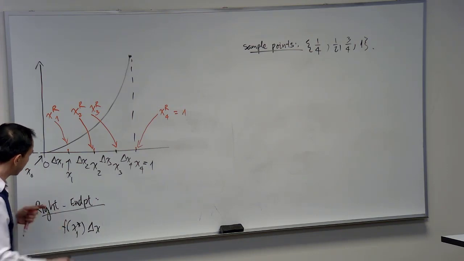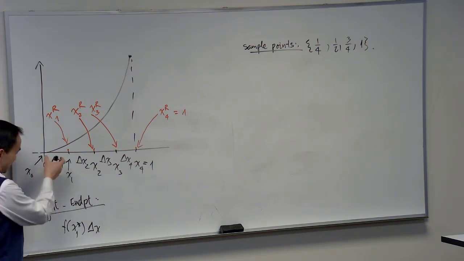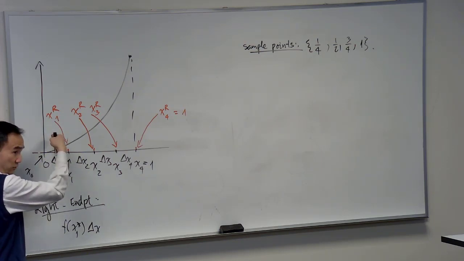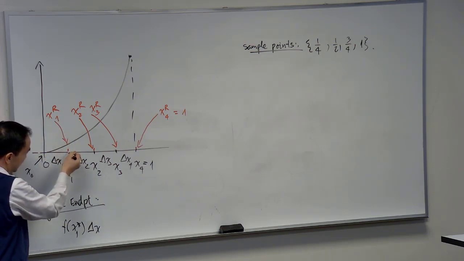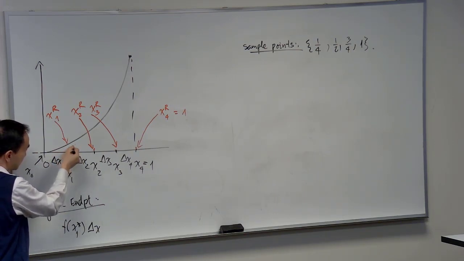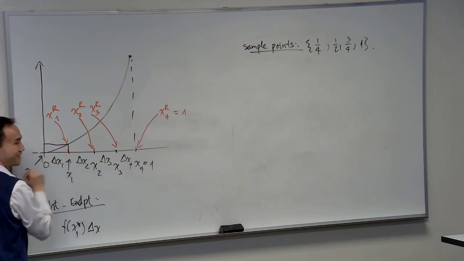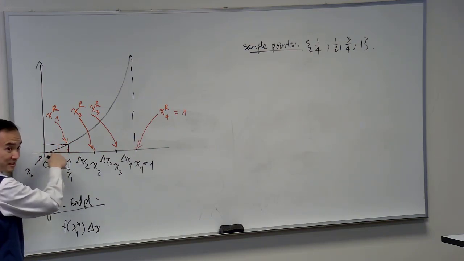So this time here's how the picture looks. In the first interval, we're going to draw some rectangle. The height of the rectangle this time is going to be from where the sample point on the right endpoint is, and we're going to rise some height here. This height goes a little bit above the curve.